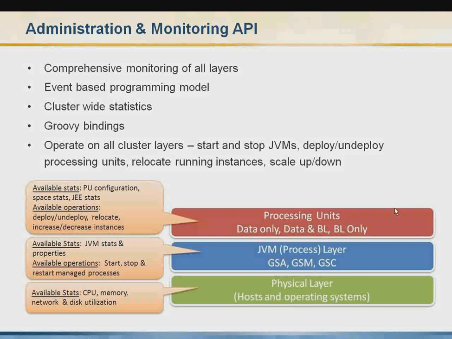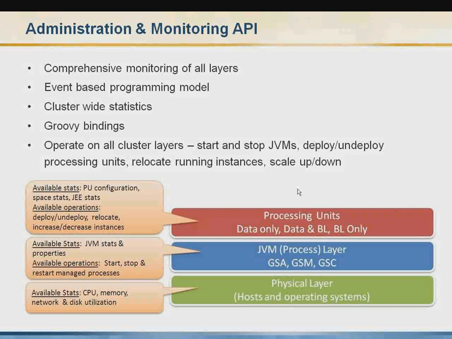All of these operations are exposed through an API, which means you can quite easily write, hopefully, Groovy scripts, which we'll see in a minute, which are very nice and concise, and create all these different admin scripts that you can run on the system to get statistics, perform health checks, and stuff like that.